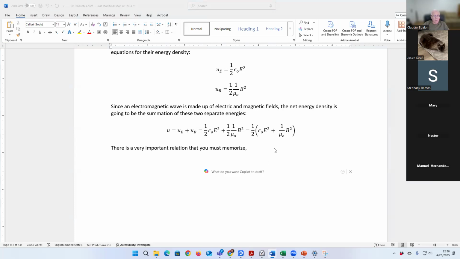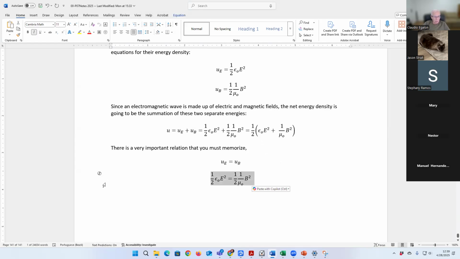Okay, for an electromagnetic wave, the energy density of the electric field ends up being equal to the energy density of the magnetic field. And now that we have this relationship, we can simplify our equation. Since the energy density of the electric field is equal to the energy density of the magnetic field, look what nice relationship we're going to get.